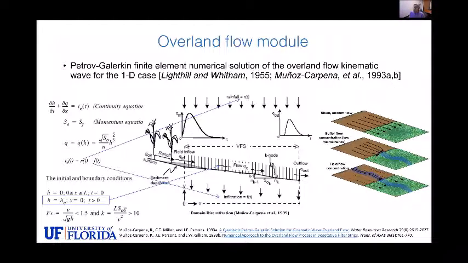Importantly, you can also run conditions that we have been discussing here in this workshop, including flow concentration. On the right, you see three scenarios of overland flow. One would be the ideal, sheet flow on the field and sheet flow on the buffer, with the highest efficiency.